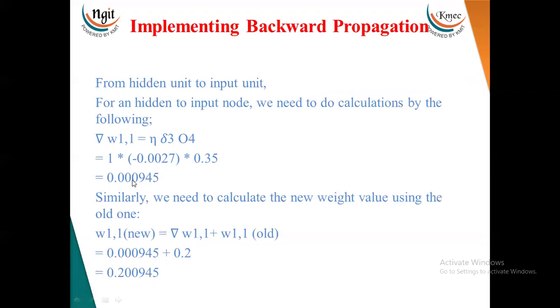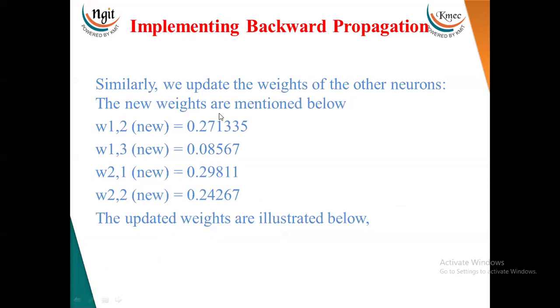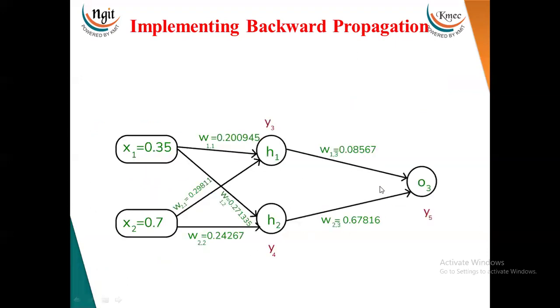This is for W11, new W11 is W11 old plus the update. Finally, I updated all the weight values, W11, W12, W13, W21, and W22, and these are the weights we have updated. When I do the calculation again, I'll get y5 as 0.5, which is our actual output.